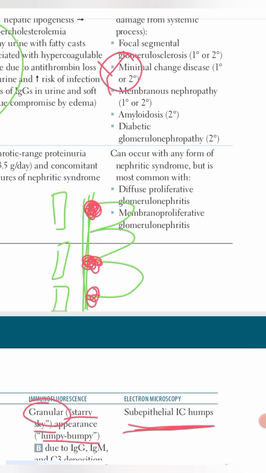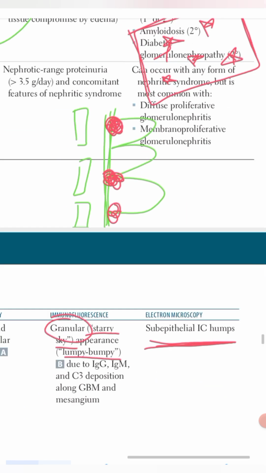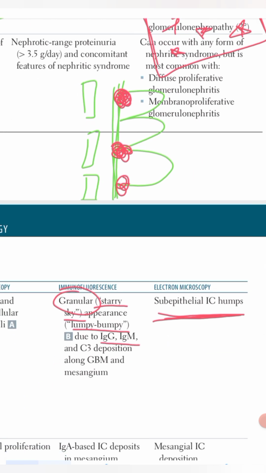In cross section, some deposits are there, some are here. It gives the appearance of a starry sky and a lumpy-bumpy granular appearance due to deposition of IgG, IgM and C3 along the glomerular basement membrane and the mesangium.